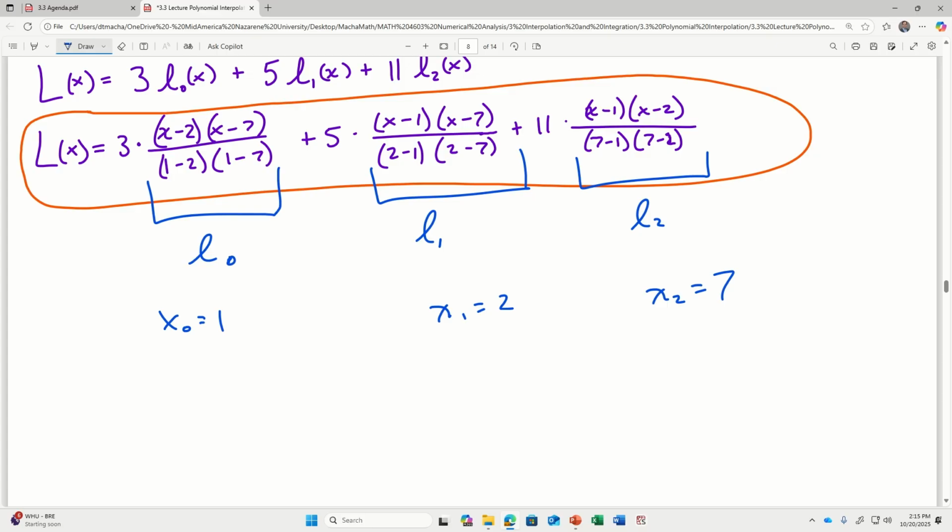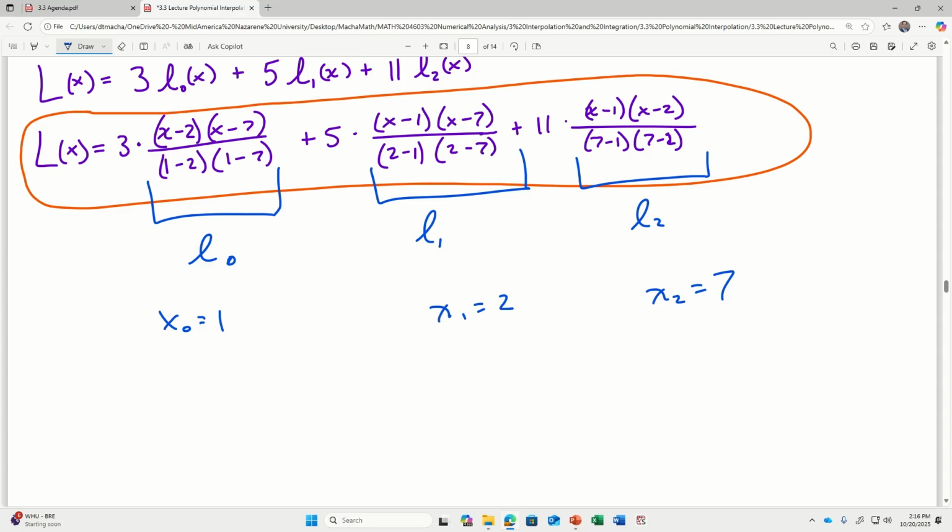What if I take the L0 basis polynomial and I plug in x equals 2? Then I have 2 minus 2 in the numerator, which is 0. What if I plug in x equals 7?